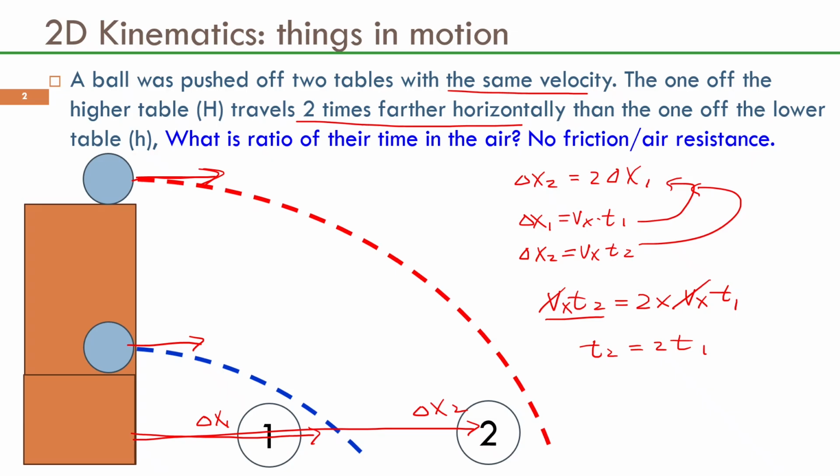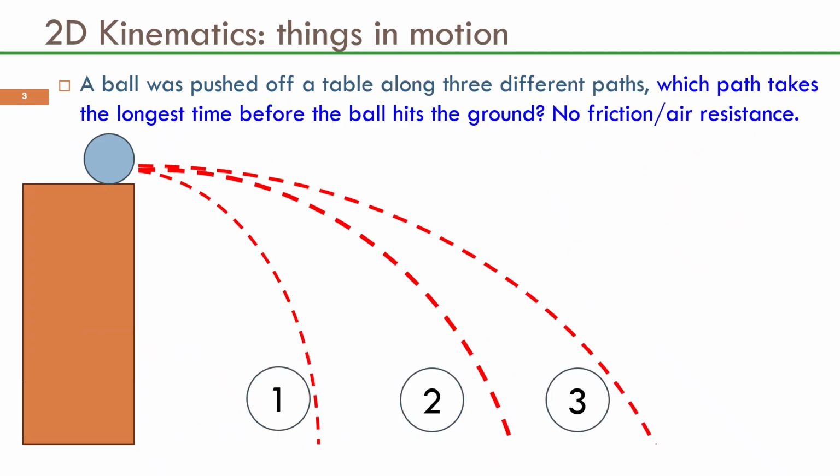Alright, so this is the first type of question. Let's look at another type of question. This question says a ball was pushed off the table along 3 different paths, and it asks which path takes the longest time before the ball hits the ground. For many students, when they look at this question, they might think ball 3 travels the longest time.